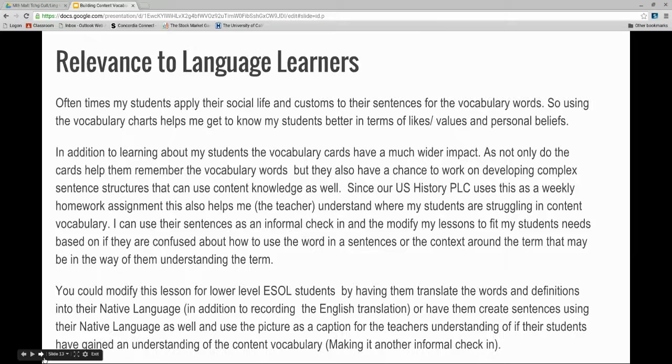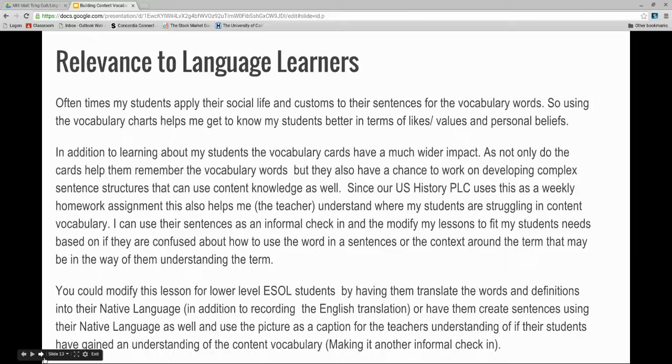Now you can also modify this lesson for lower level ESOL students. I've done this in the past where you have students translate the words and the definitions into their native languages. I would have students use Google Translate, or if you do not have access to the internet, you could have them use an English to native language dictionary.